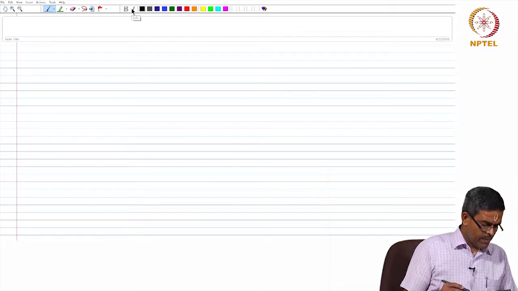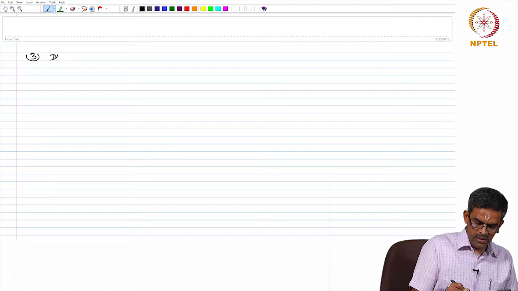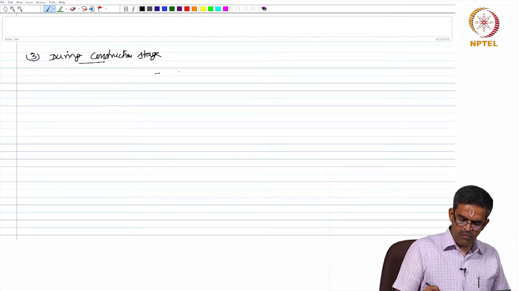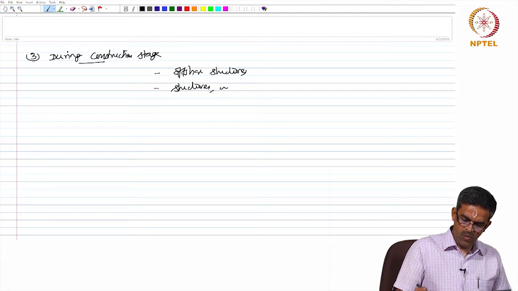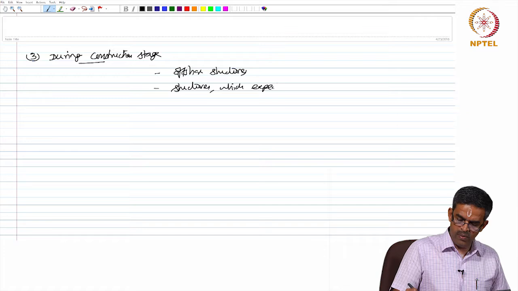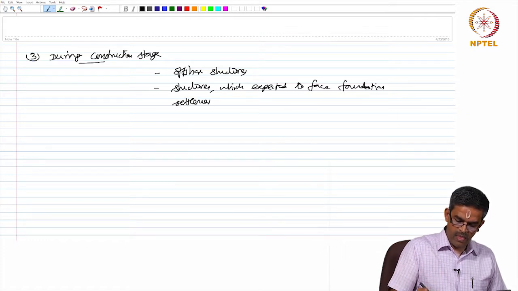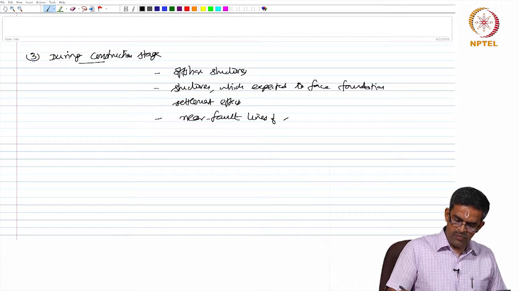The next level of monitoring can happen during construction stage. This is very important in case of offshore structures, in case of structures which expect to have foundation settlement effect, structures which are built near fault lines of seismic records.